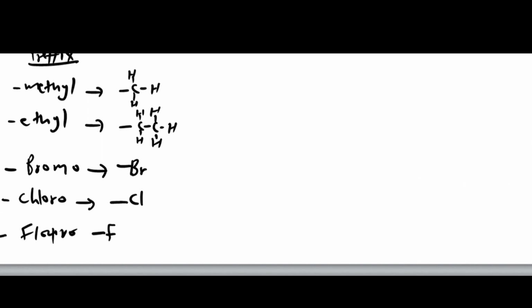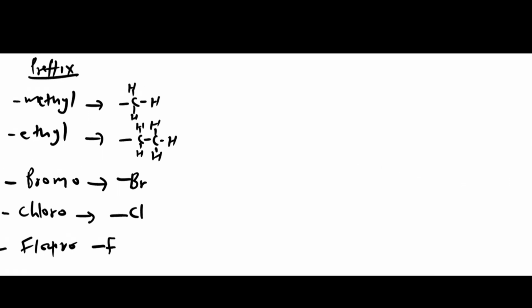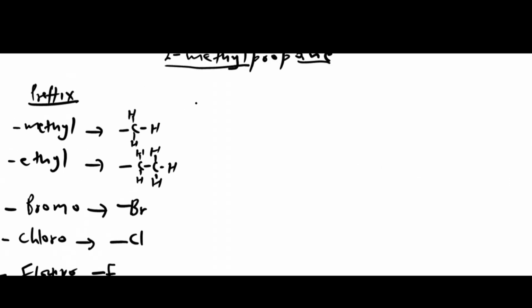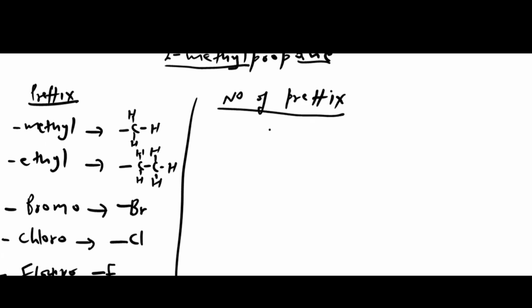Okay, now let's talk about the number of prefix. If there are 2 or more prefix, what do we do? Number of prefix. If there are two, for example 2-methyl, we are going to say dimethyl.